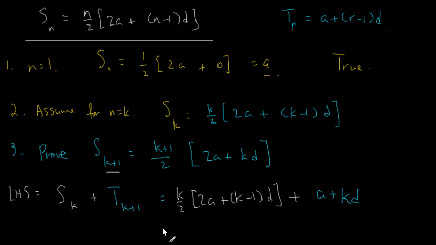Okay, let me just write this out. Let me just expand this. k over 2 times 2a, the 2 and 2 cancel, that gives ka. Okay, ka.